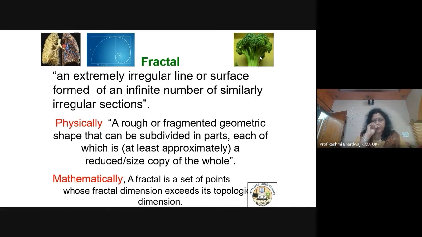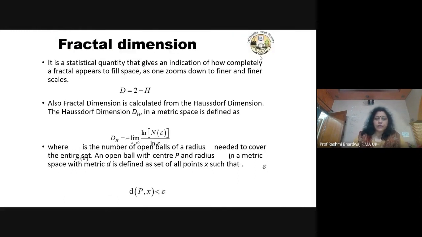But here we don't have 0, 1 or 2. It may be a fractional part. So fractal dimension is a statistical quantity that gives an indication of how completely a fractal appears to fill space as one zooms down to finer and finer scales, and normally it is denoted as 2 minus H.